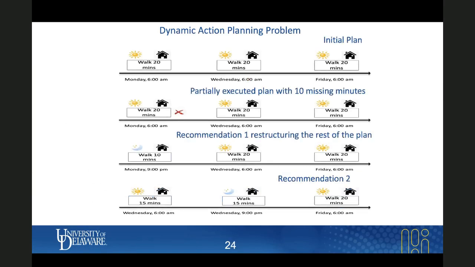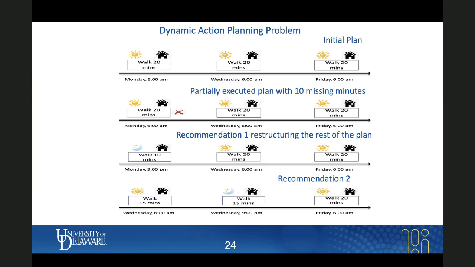So that raises the question of whether automated systems should dynamically adapt their action plans according to users' fulfillment of their goals. To explain this, let's assume this is the initial plan, the same example, 20 minutes 3 times a week. Then let's assume the participant only partially fulfills their goal, like 10 minutes on Monday morning.